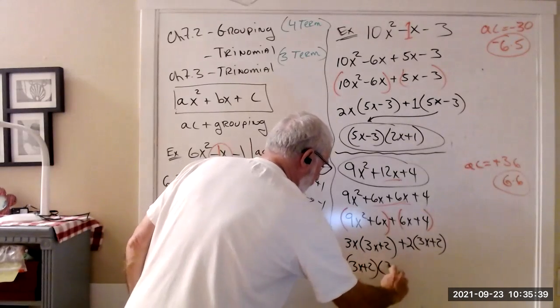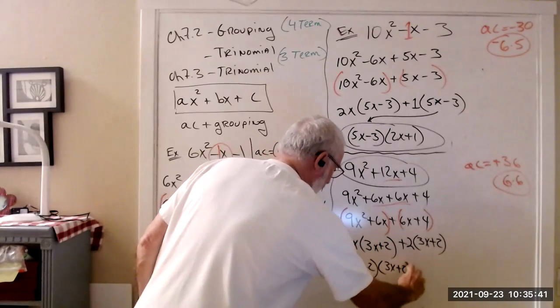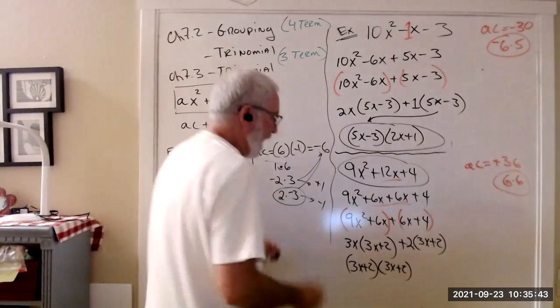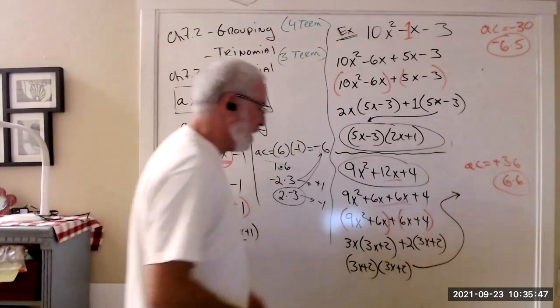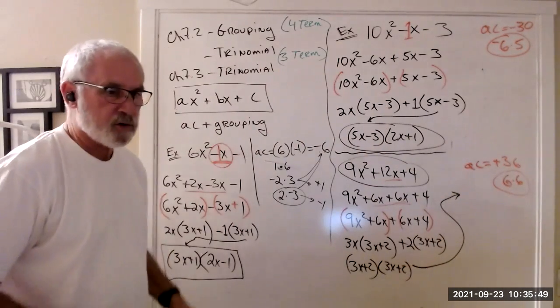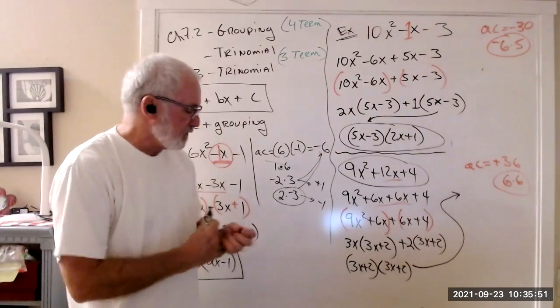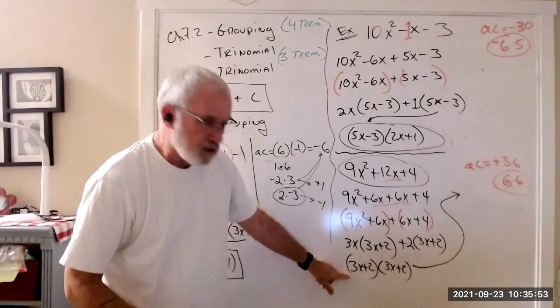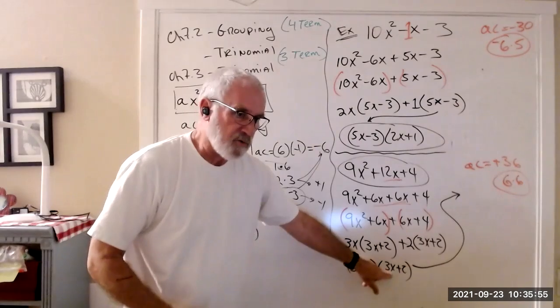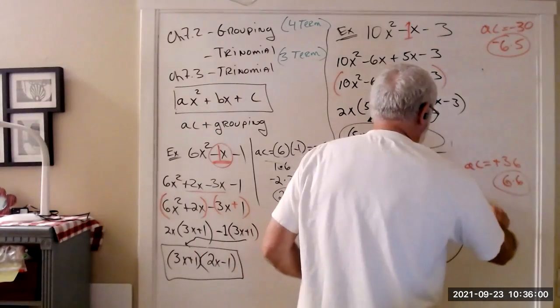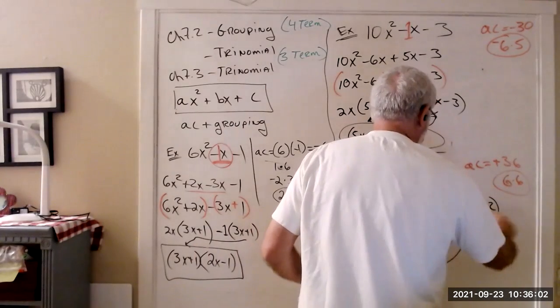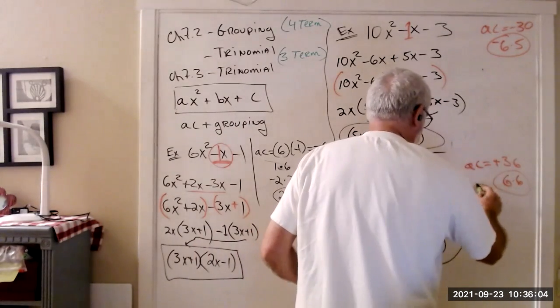And I have a 3x plus 2 at the end. And mom will not accept that, I don't believe. Because in this case, if you have something times itself, a better way to write that is 3x plus 2 quantity squared.